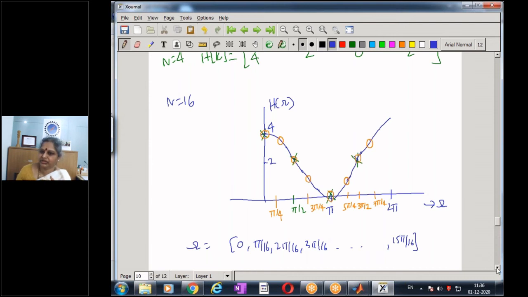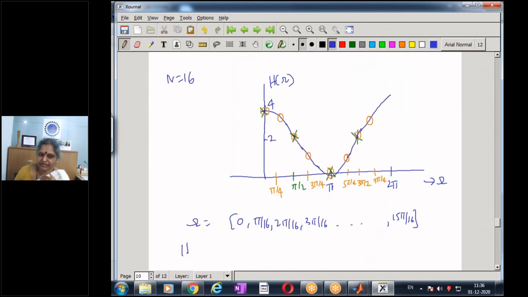And then if I compute these 16 H of k, we know that we will be getting additional values in between the earlier samples that we computed for n equal to 8.